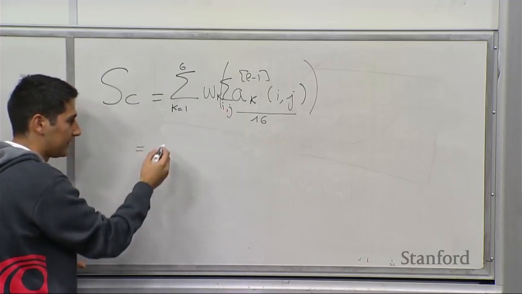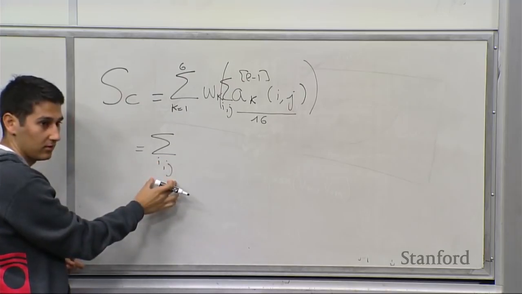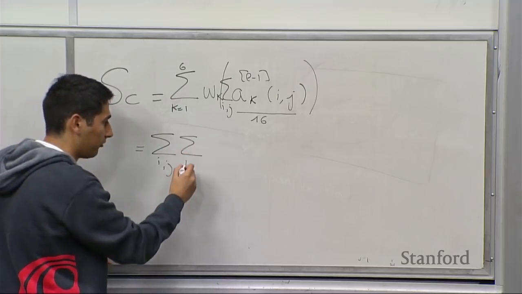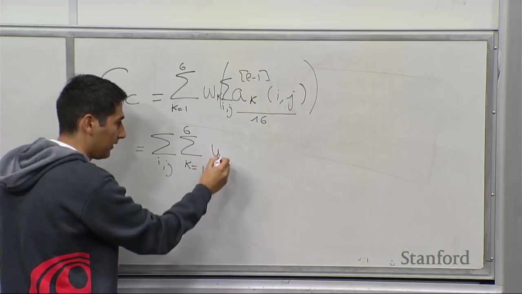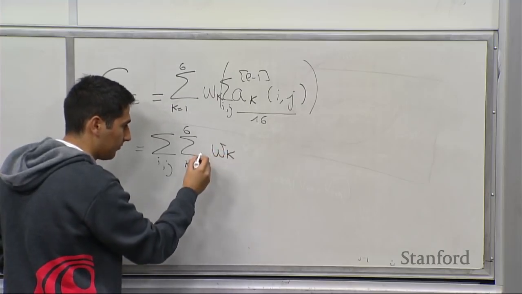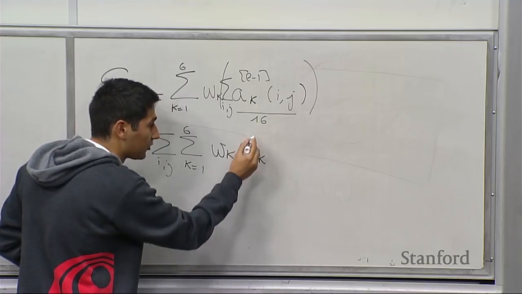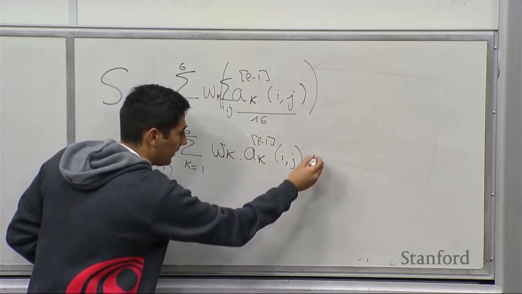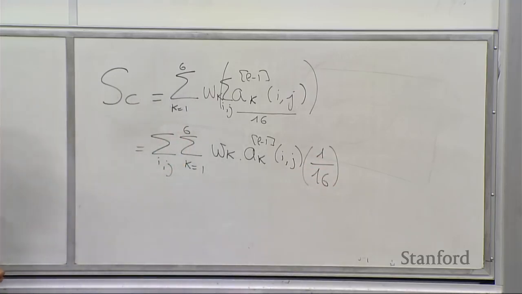So I can say that this thing is a sum over ij, the locations, times sum over k equals 1 to 6 of wk times ak, so the activations of the kth feature map in position ij, and times the normalization 1/16. Does it make sense?